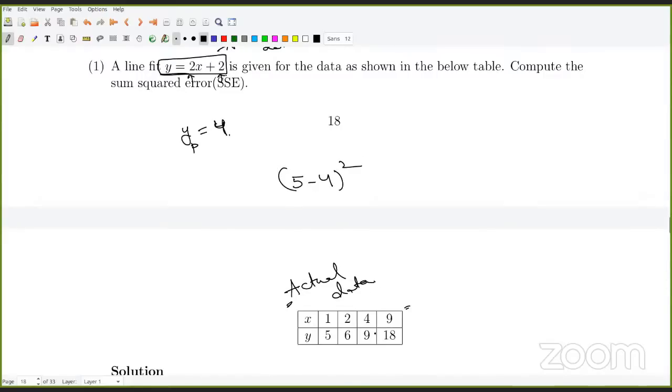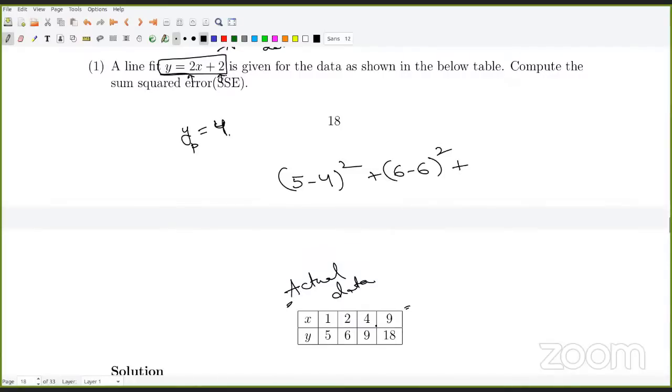And I will take the second point. When x is equal to 2, actually y is 6. But when I substitute x is equal to 2 in the predicted model, 2 times 2 is 4, 4 plus 2 is 6. Here also it is 6. So actual and predicted are the same, so that means there is no error. You can show it like this: 6 minus 6 whole square, plus, you move to the next point.